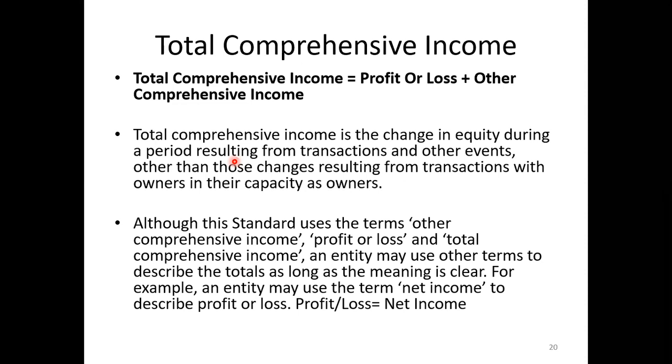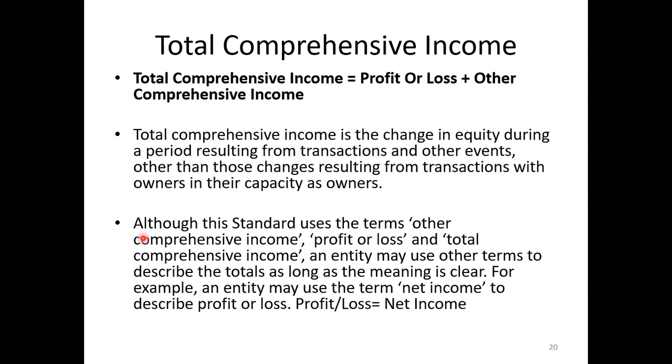If it is loss, it will reduce the equity. The changes in equity do not come from the contribution of the shareholders, the owners. The changes arise due to the business operations.